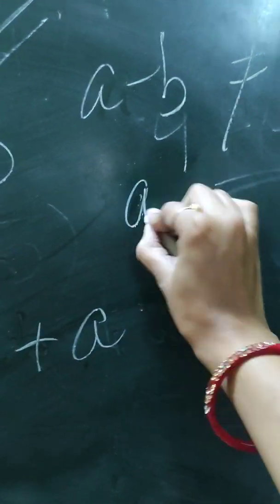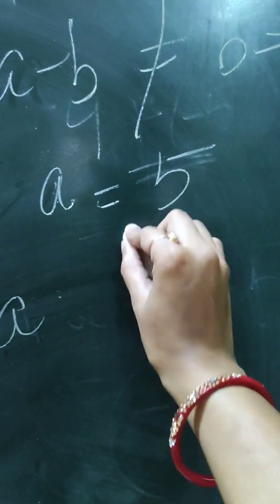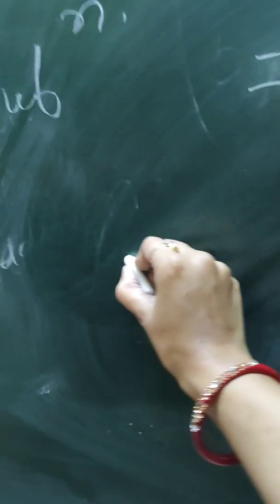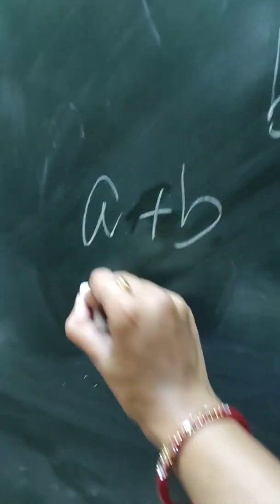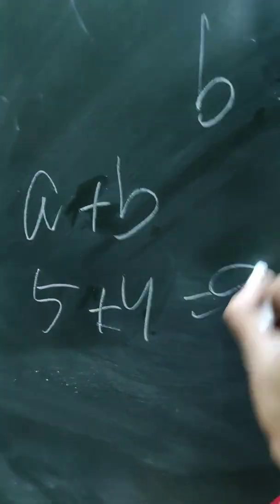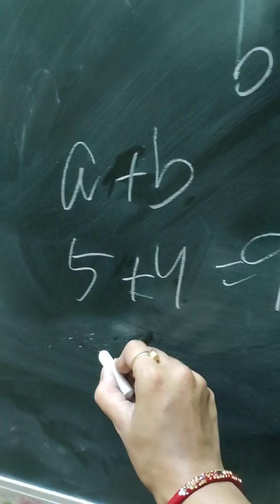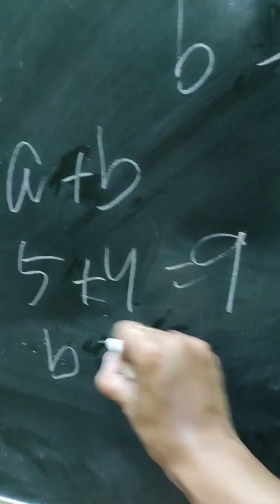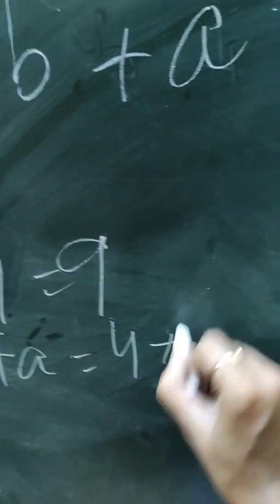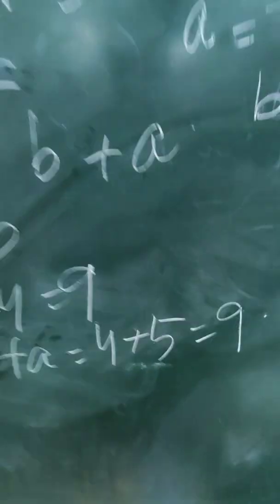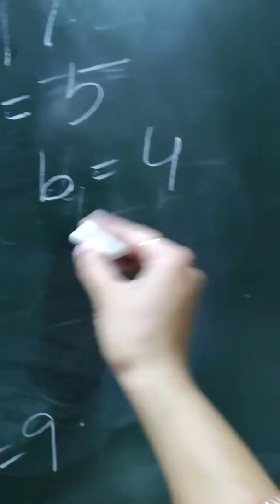For example, the value of a is equal to 5, the value of b is equal to 4. If I do a plus b, it means 5 plus 4, which is equal to 9, or if it is b plus a, again it is 4 plus 5, which is equal to 9. So both are equal, but the same thing is not seen in the case of subtraction.